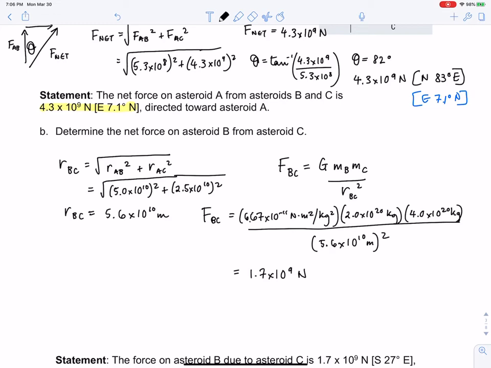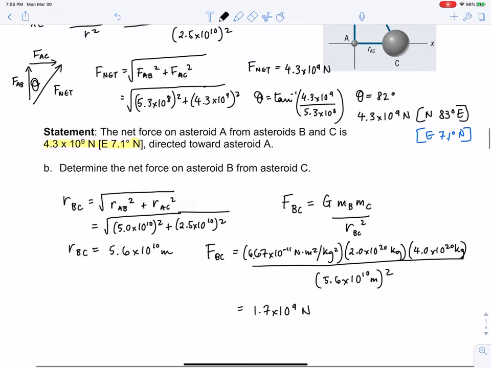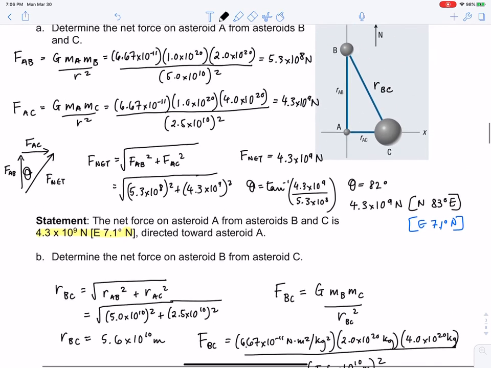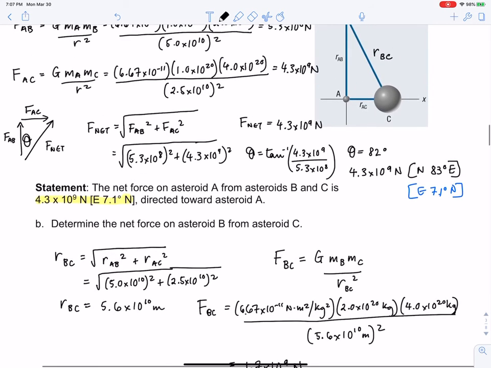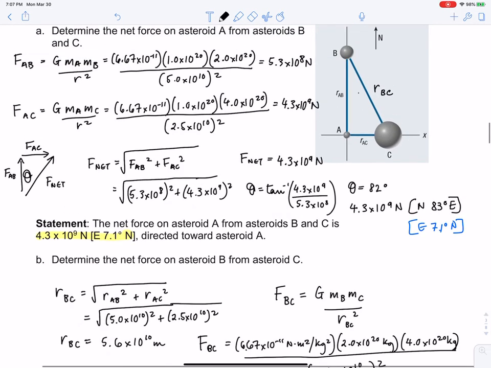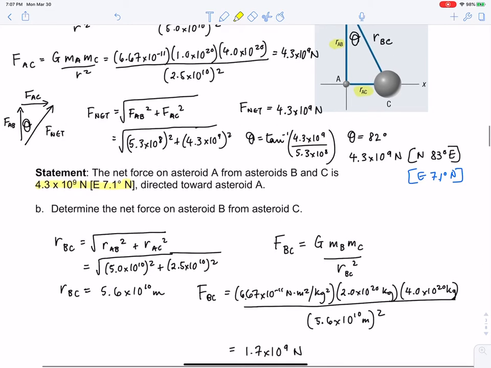Now let's determine the angle. And to determine the angle, we're going to find this angle right here, theta, in the right angle triangle, where RAC is our opposite to that angle and RAB is our adjacent.